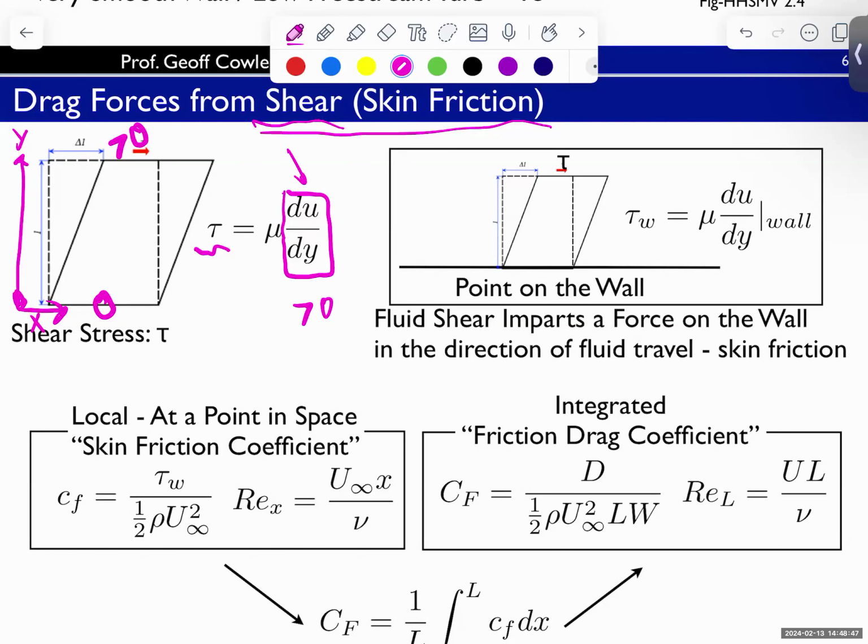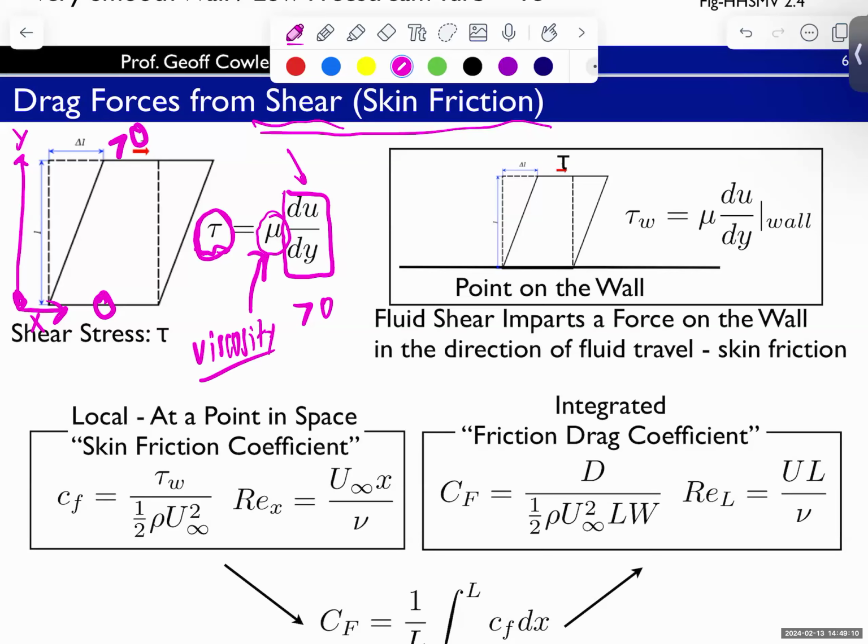We can write a stress, which has units of newtons per meter squared, the same units as pressure. A stress is created which is proportional to the shear in the fluid, and the constant of proportionality is, by definition, the dynamic viscosity, or what most people just call viscosity.